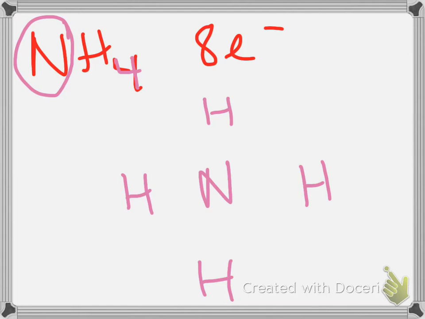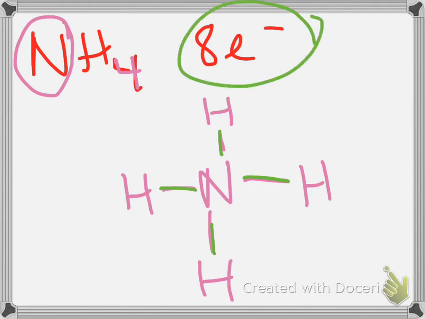The first step, once we have our basic structure, is to connect them so that we actually form a compound. So now we have drawn 2, 4, 6, 8 electrons. We only have 8 electrons to deal with, so we can't draw any more bonds or any more electrons.